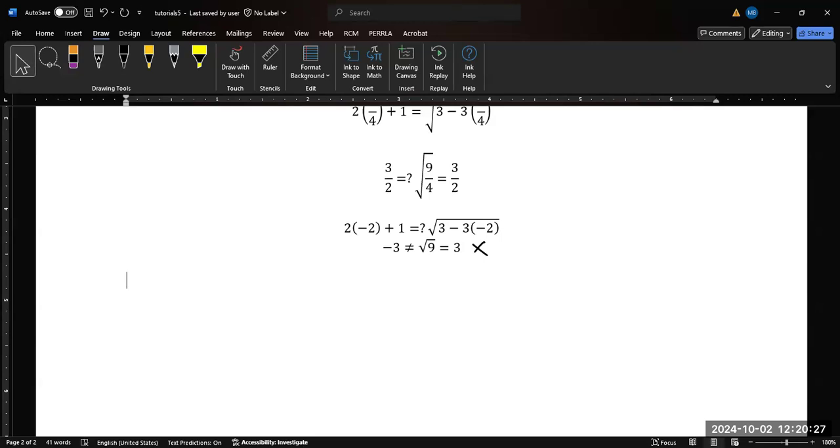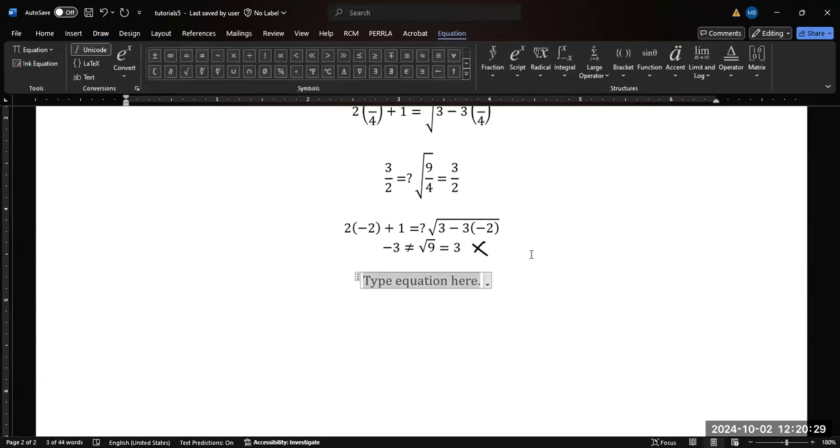Now, let's look at another example that is also a little bit tricky. It's 5 minus 4 minus 2x to the 2/3 power equal to 1.